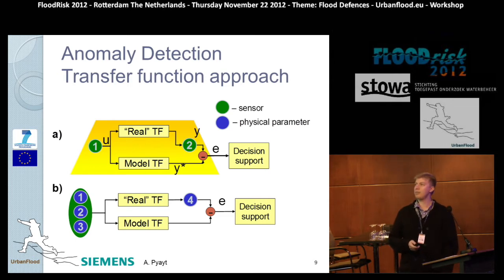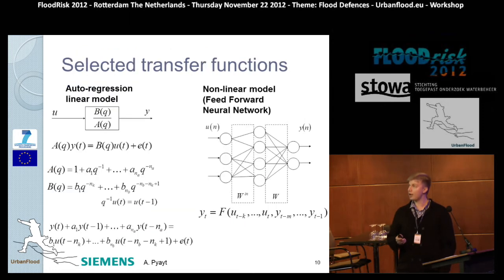And if we have normal behavior of sensor 1, we can identify anomalies in sensor 2 as deviation of the real values from the modeled values. We have selected two transfer functions. These are an auto-regression linear model and a nonlinear feed-forward neural network.